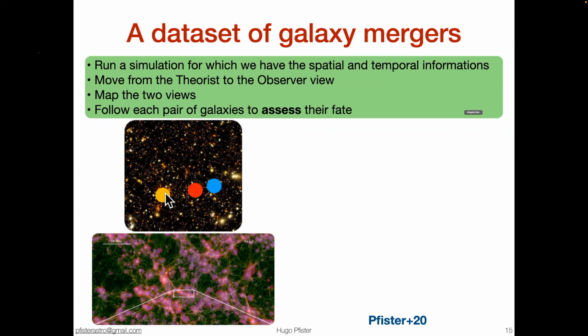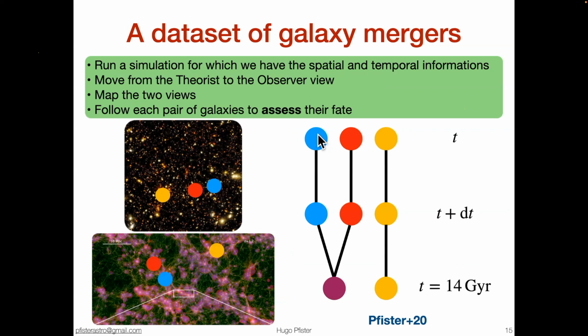You follow every galaxy pair. So for instance, you have a galaxy here, here, and here in the observer view. You can map them in the series view. So they happen to be here, here, and here. And because this is the series view, you can evolve forward in time, you can know that, for instance, the blue galaxy and the red galaxy will merge at some point to form the purple galaxy.